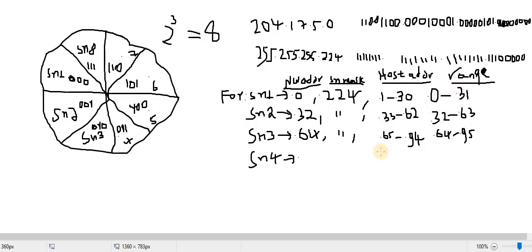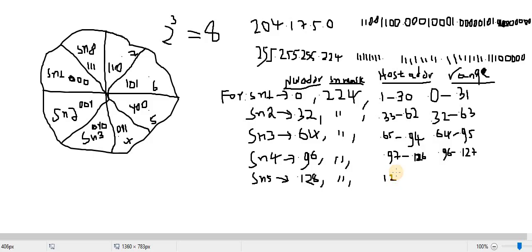Subnet 4 is 011. So we are setting the 3 bits to 011. If we put zeros in all the remaining bits, we find 011 and 5 zeros, which is 96. And then the host addresses are 97 to 126. And the range of IP addresses will be 96 itself to 127. For subnet 5, we have 100 and the rest 5 zeros, which is 128.